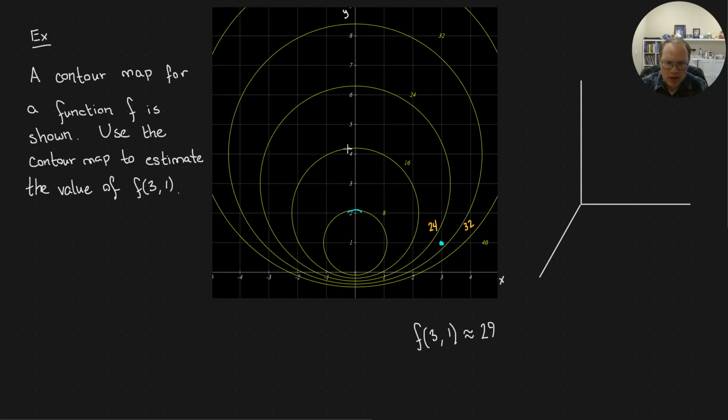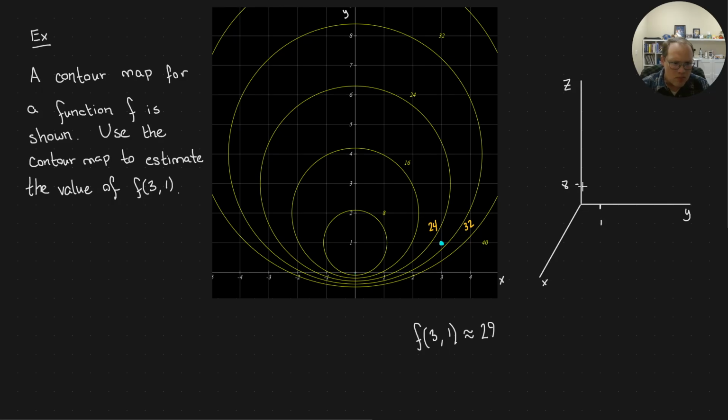But in this direction, I'm much slower. I do increase, but it takes me a lot longer to get there. I have to travel a lot farther. It looks like the center of the lowest circle is around y equals 1. So here's my x-axis, here's my y-axis, here's my z-axis. Y equals 1 is right here. Let's say this is y equals 8.